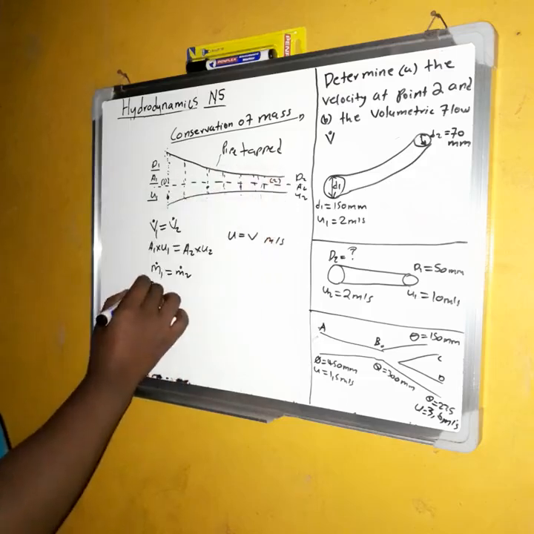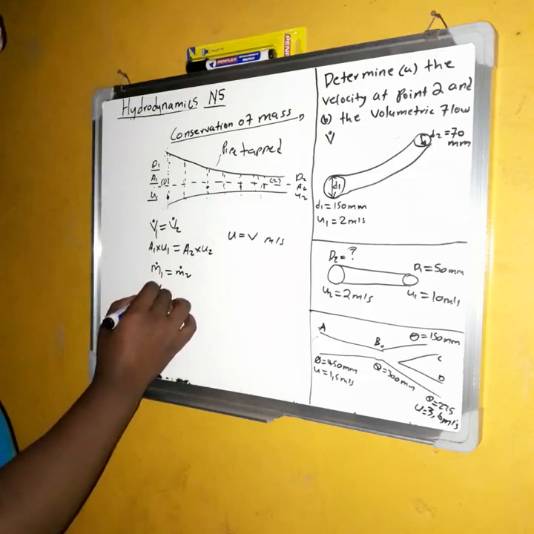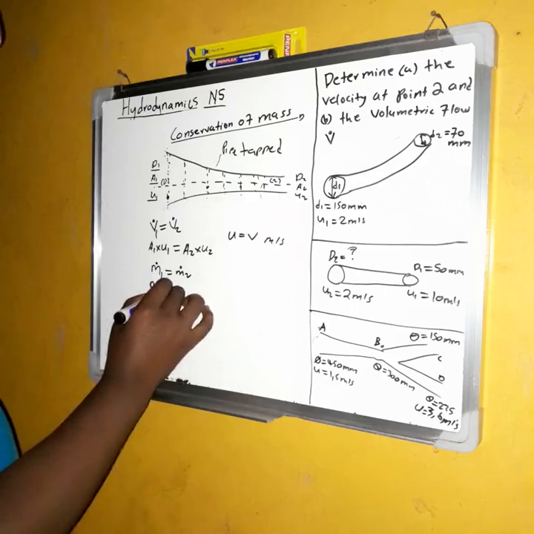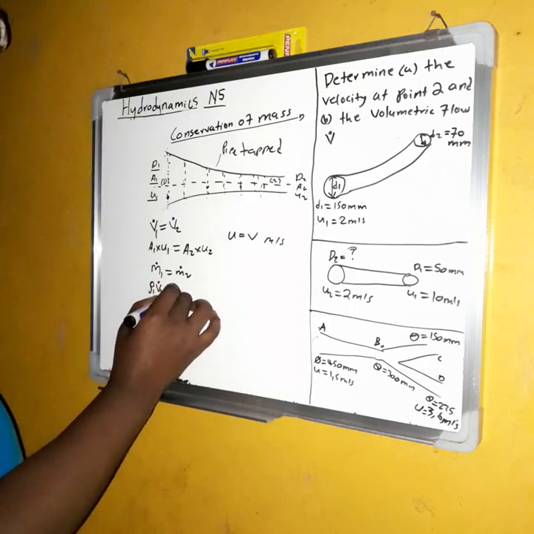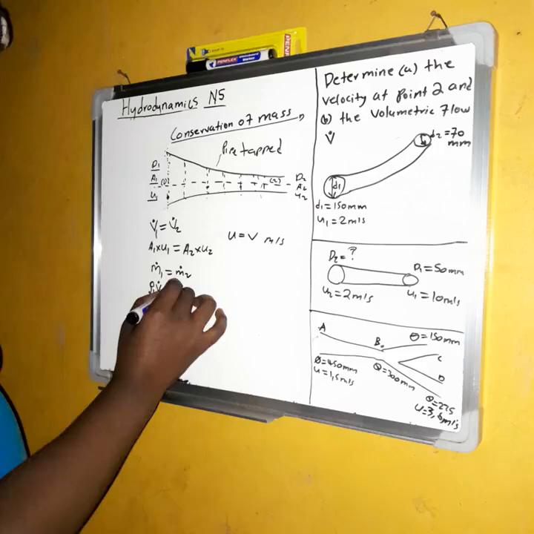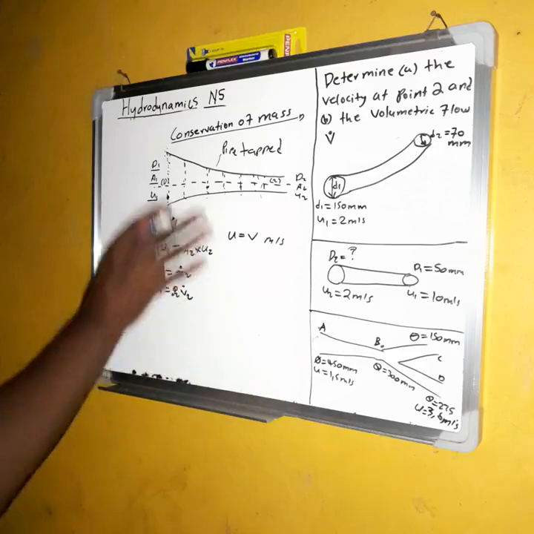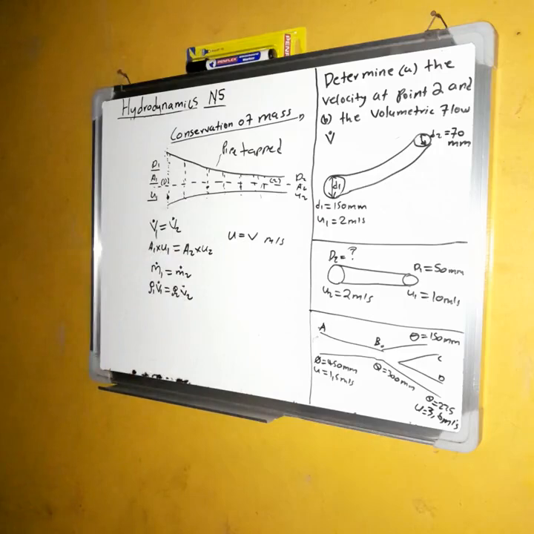And that means this will be density 1 times V1 is equal to density 2 multiplied by V2. This we call the continuity formula. You must know that this is important for you to understand. Right, you must understand those things.